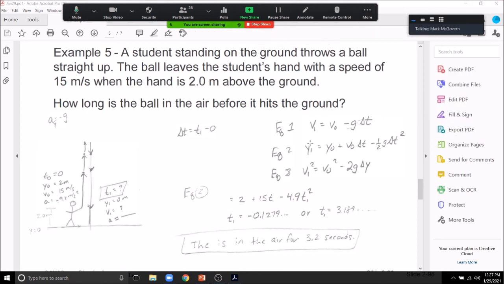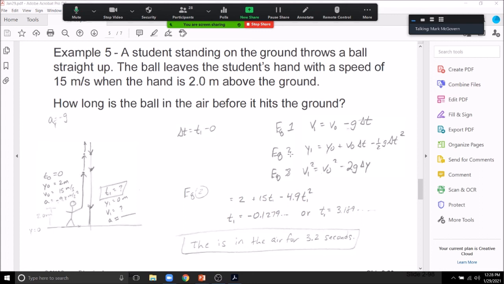Now, which equation should I use? What do I want here? I want time, right? I don't have final velocity, so I can't really use equation 1 or 3 because I don't know the velocity. I guess you could use equation 3, but it doesn't give me what I need. You'd have to use equation 3 and then come out with another equation.